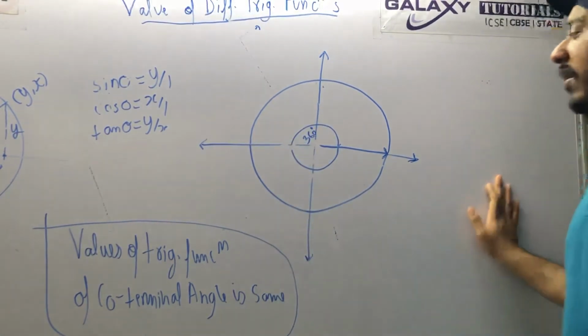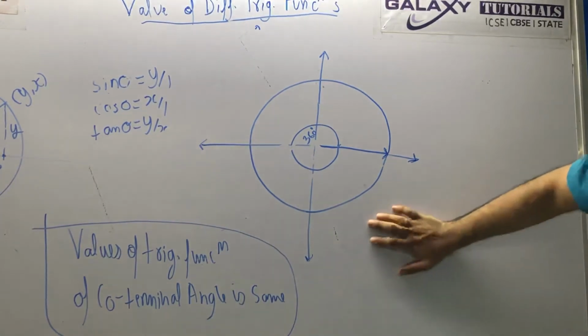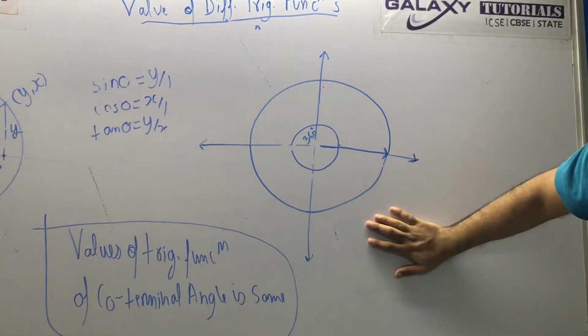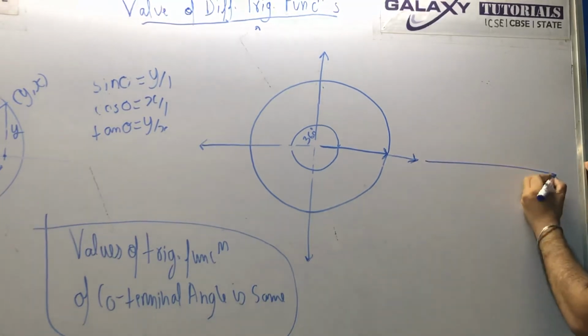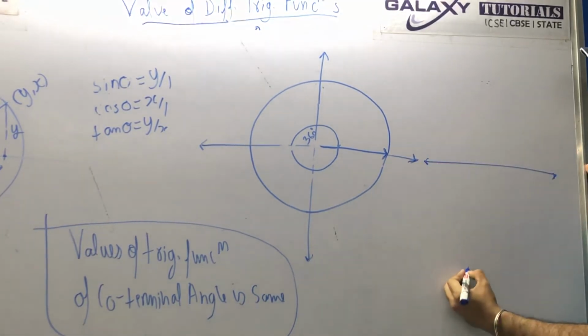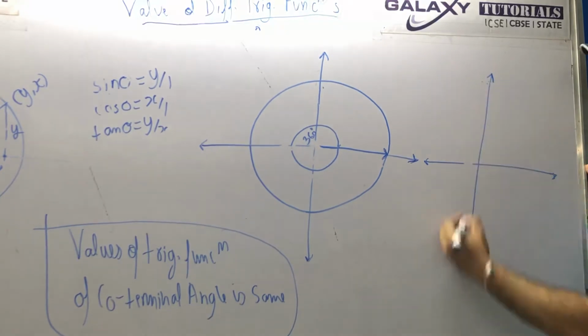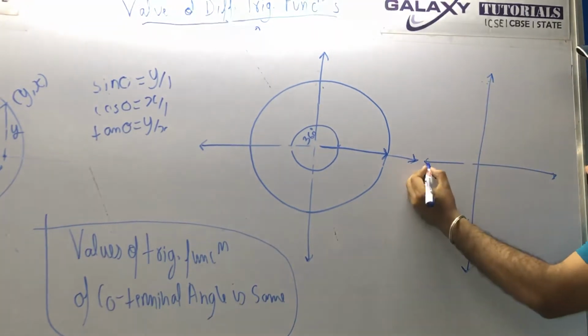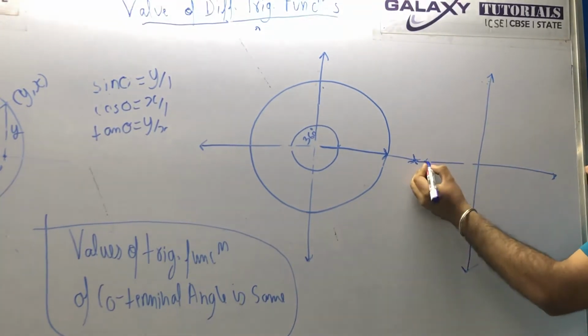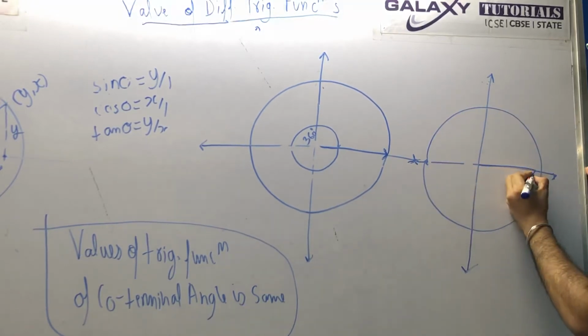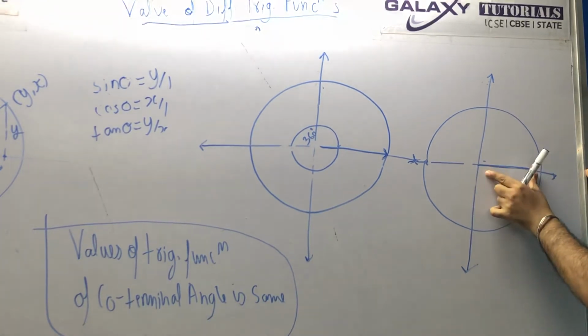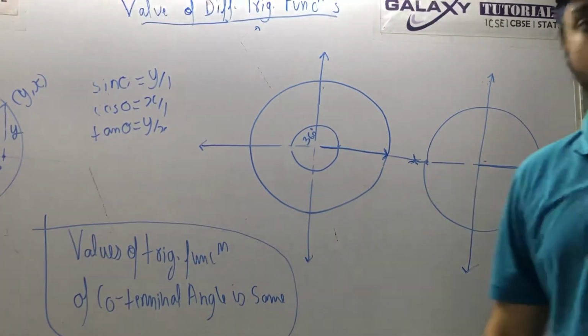What will be the coterminal angle of 360 degrees? It will be 0 degree. Initial ray is the same, terminal ray is the same. So 0 and 360 degrees are coterminal angles.